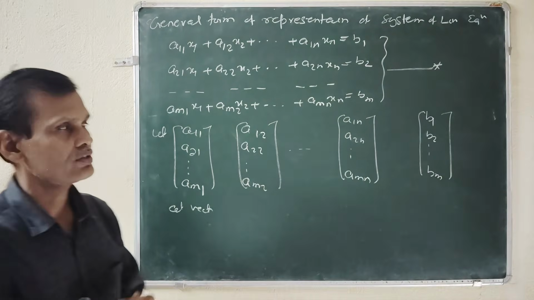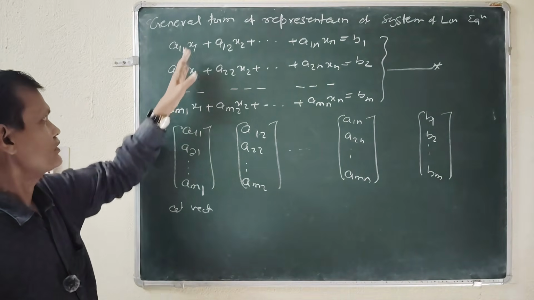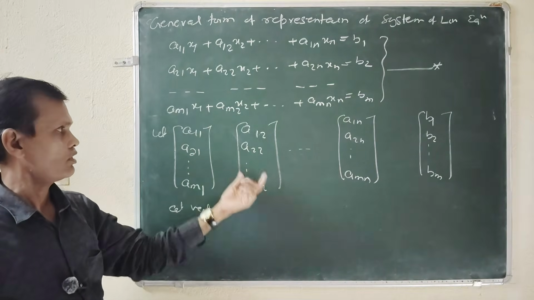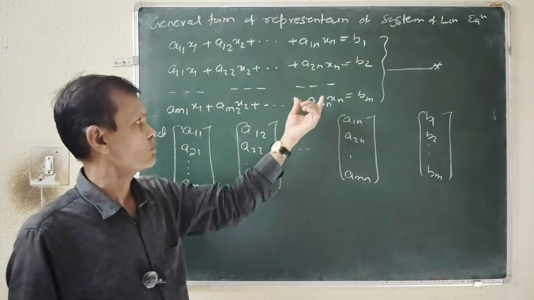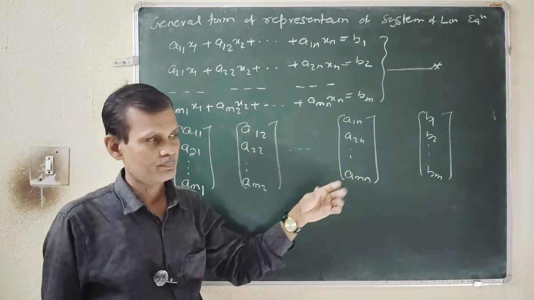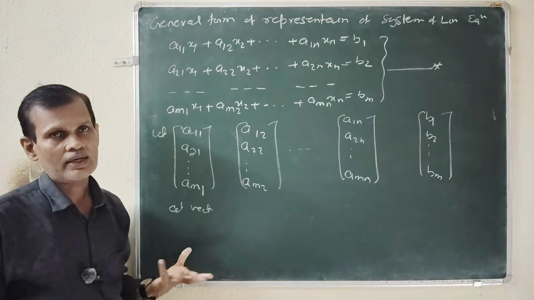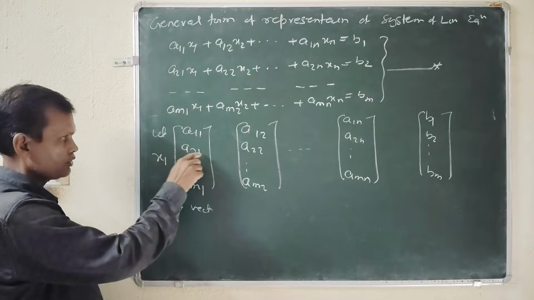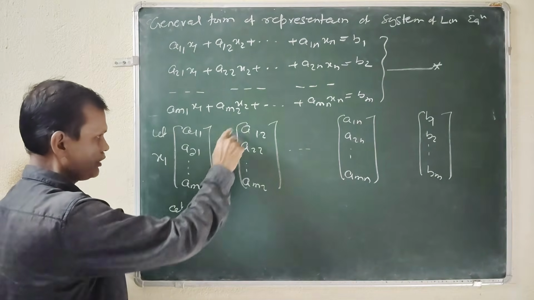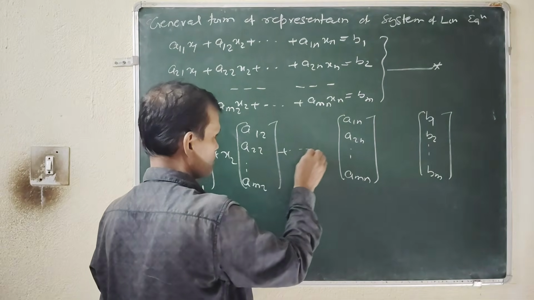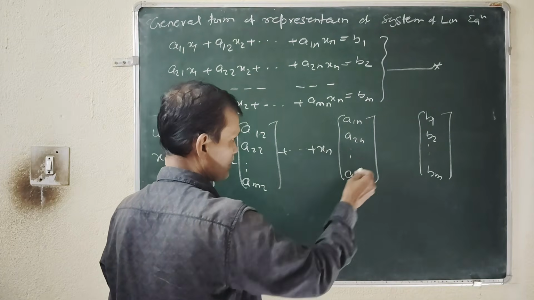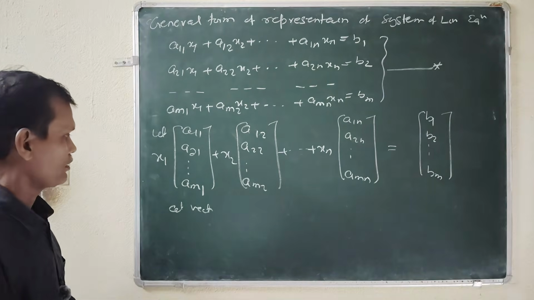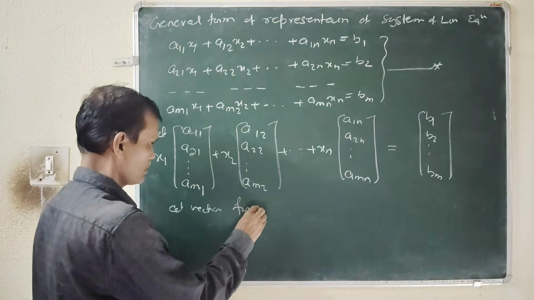That means we consider the coefficients of x1 as a column vector, the coefficients of x2 as a column vector, and similarly the coefficients of xn as a column vector. And x1, x2 up to xn are the unknowns. So now we multiply x1 into the first vector plus x2 into the second column vector plus xn into the last vector, which equals the vector b. This is the representation in vector form.